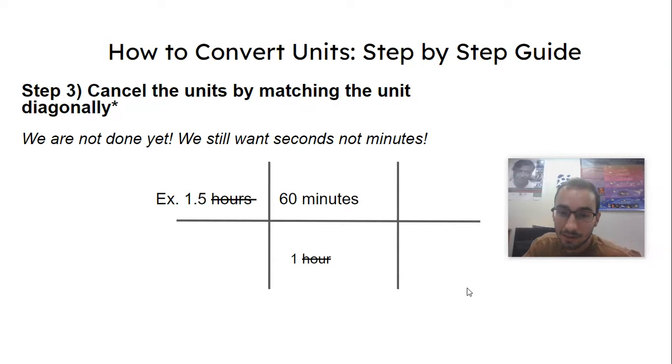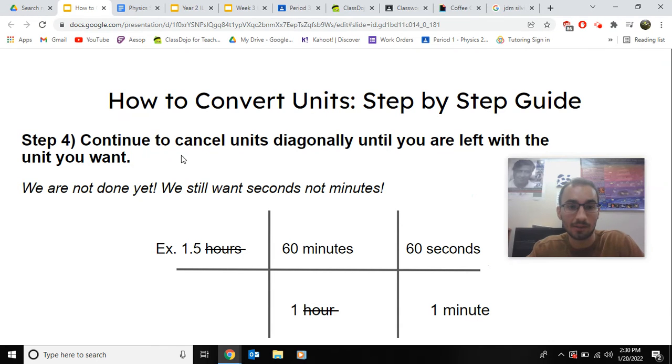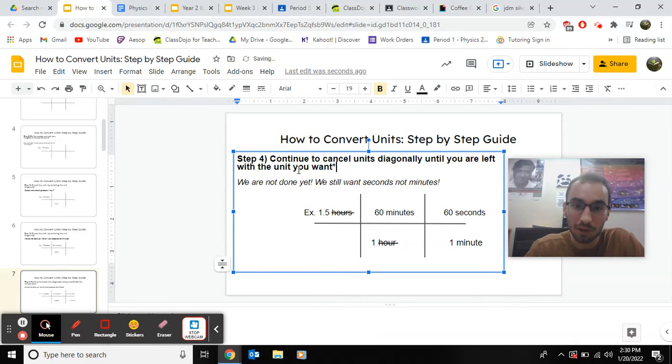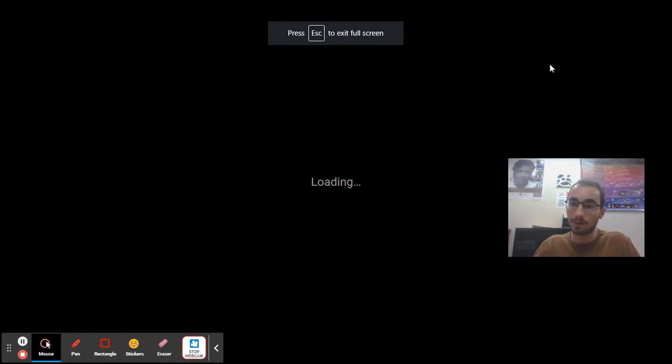So please guess what should go here then. What should go here? Remember, it cancels out diagonally. So hopefully you guessed right. You are supposed to continue, step 4, continue to cancel units diagonally until you're left with the unit that you want. And that is important. You need to just keep going, crossing out things until you're finally left with the units that you want.